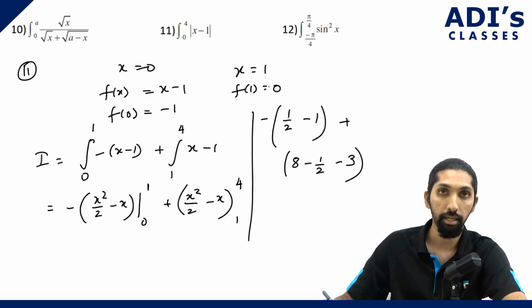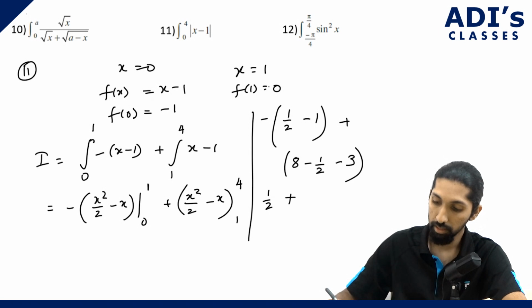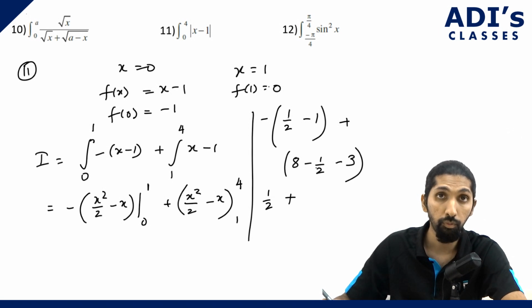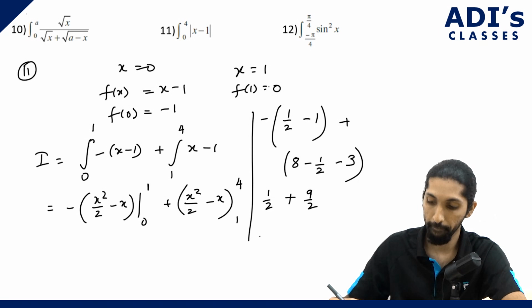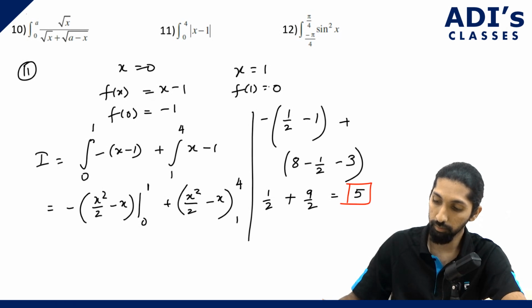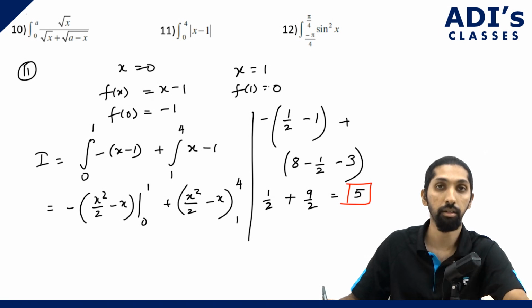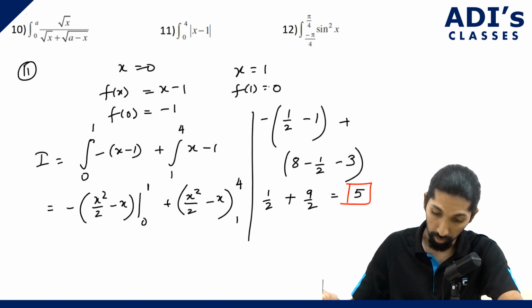Correct? The first one is going to be half, plus 5 minus half, 4 and half, which is 9 by 2. Understood? So 1 by 2 plus 9 by 2 is 5. So the answer for the 11th one is going to be 5. Fair enough? So this is how you do the 11th one.